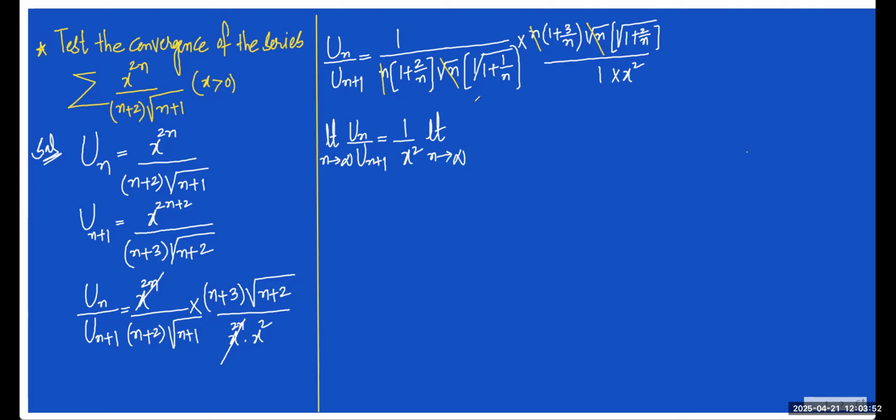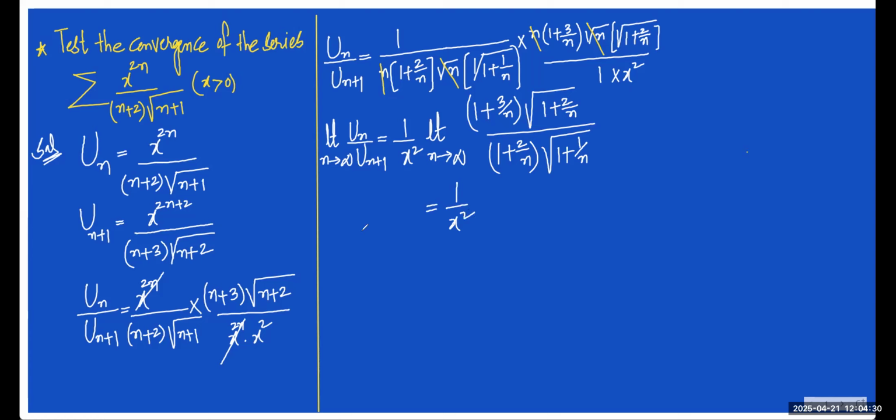What is left here is 1 plus 3 by n into root 1 plus 2 by n and divided by 1 plus 2 by n into root 1 plus 1 by n. So wherever the 1 by n form is there, that totally becomes 0. So if you notice 1 plus 0 to root of 1 plus 0, aggregate we get only 1 by x square, which is neither convergent nor divergent.